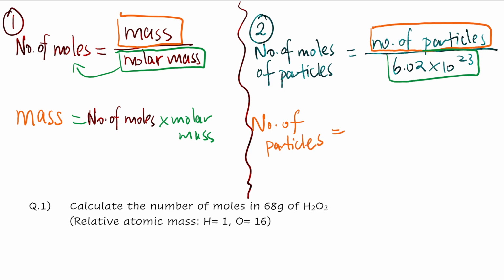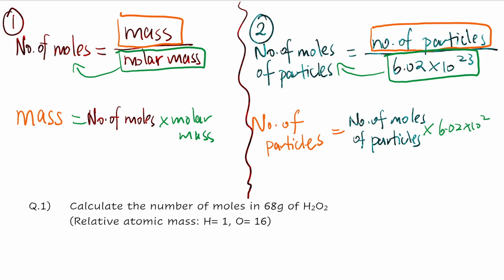I can move my Avogadro's constant to the other side, and it's going to become times. So the number of moles of particles times by my Avogadro's constant, 6.02 times 10 to the power 23.